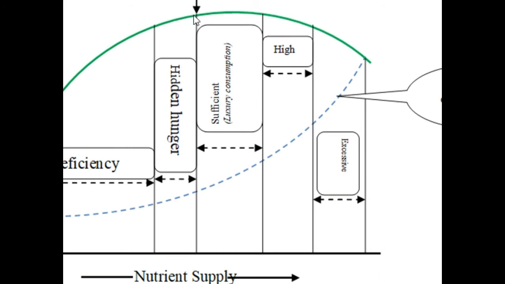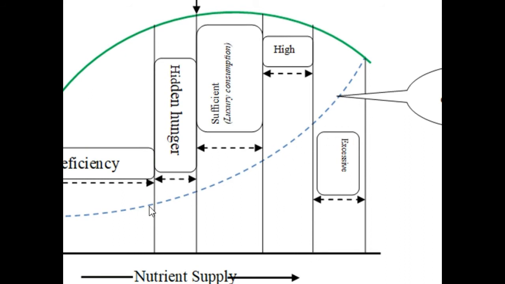Above this point is the sufficiency, where there is consumption of nutrients, and after this is the high uptake of nutrients, and there is the toxic effect of the nutrients. This is the concentration of nutrients against the supply of nutrients.